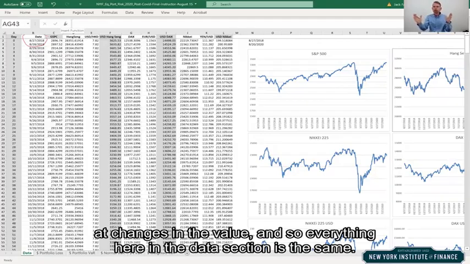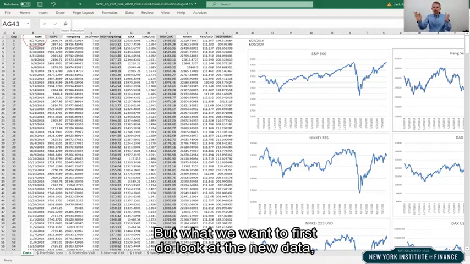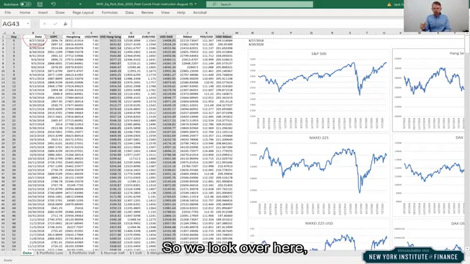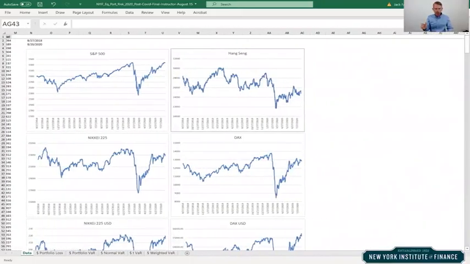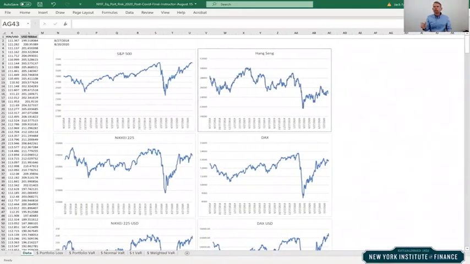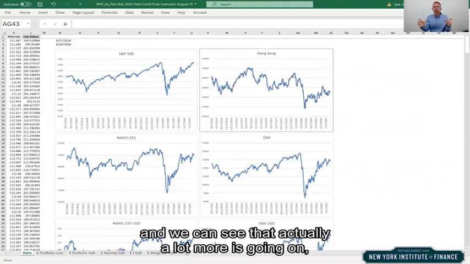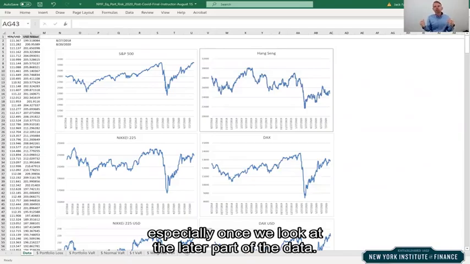And so everything here in the data section is the same, but what we want to first do is look at the new data, the addition of that 6 months, and see what that's done to our risk. So we look over here at our graphs of the performance of the indexes that compose our portfolio. And we can see that actually a lot more is going on, especially once we look at the later part of the data.